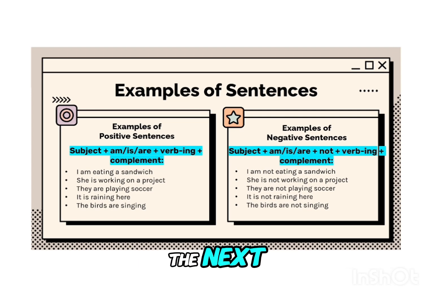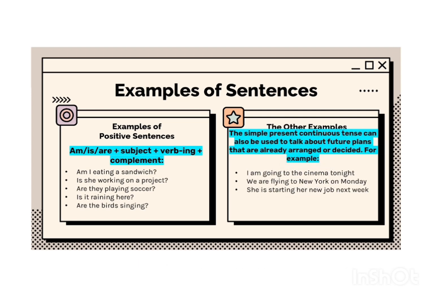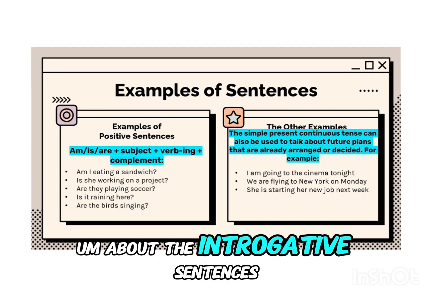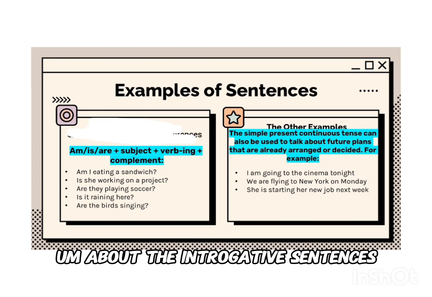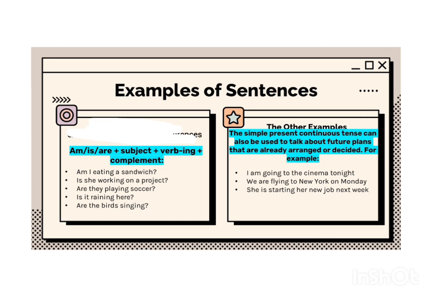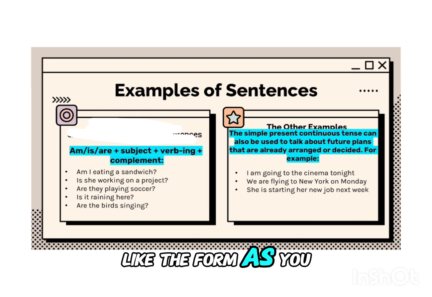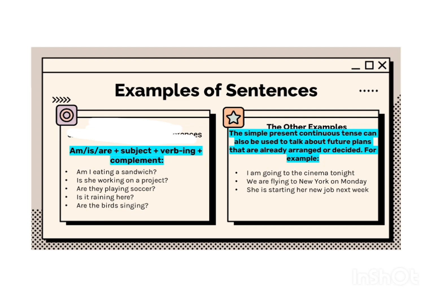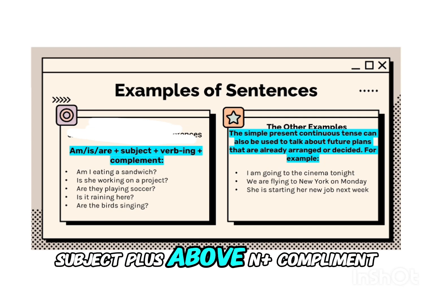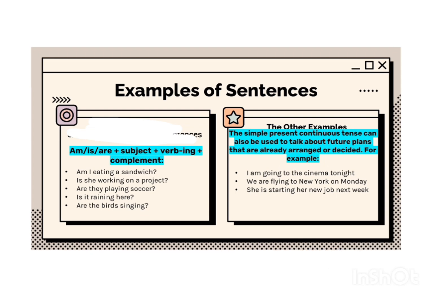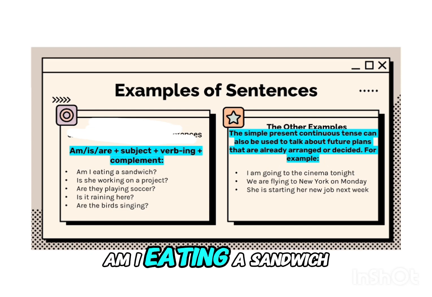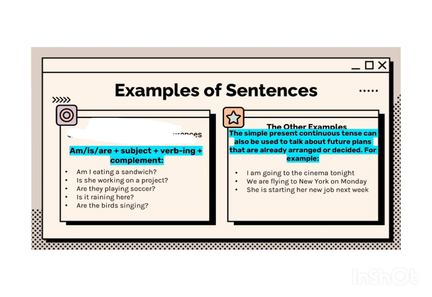And we go on to the next, about the interrogative sentences. I am or is, like the form, as you can see. Am or is or are plus subject plus a verb-ing plus complement. For the example, am I eating a sandwich?